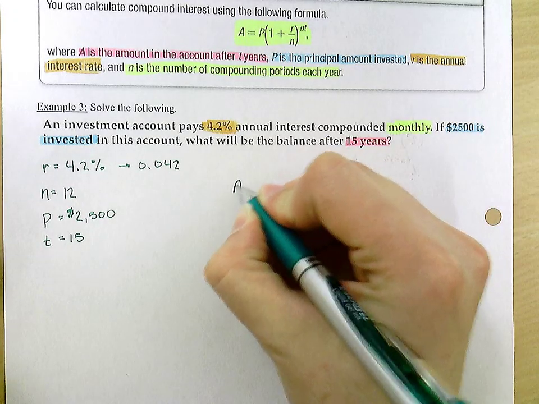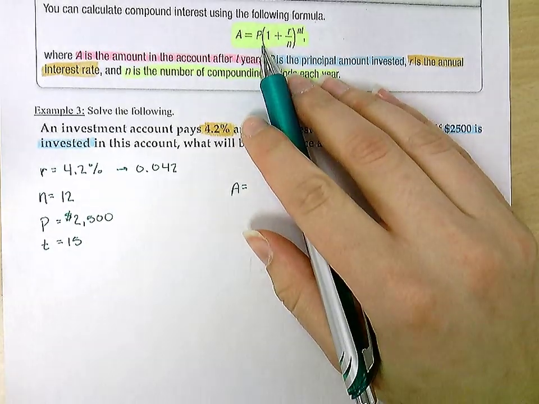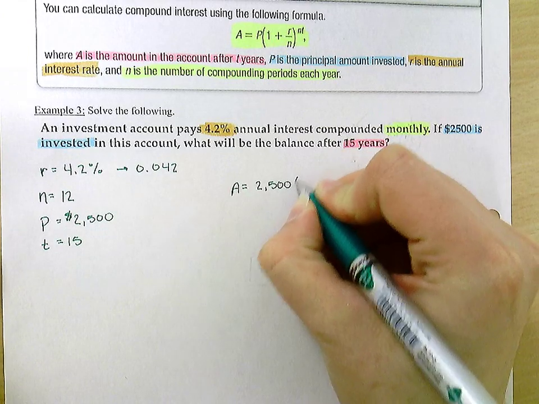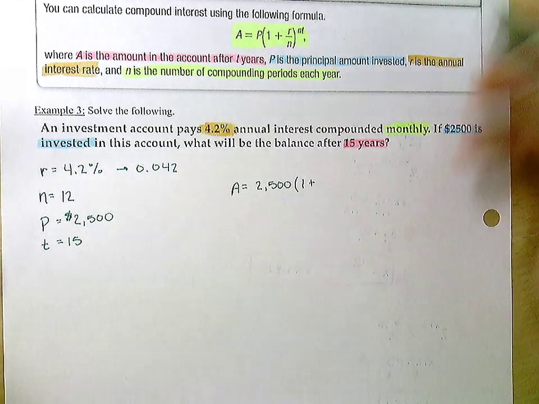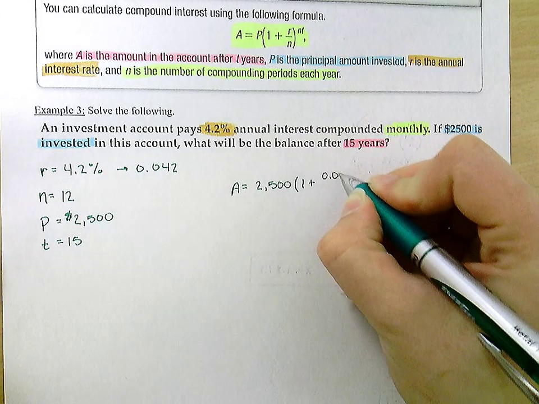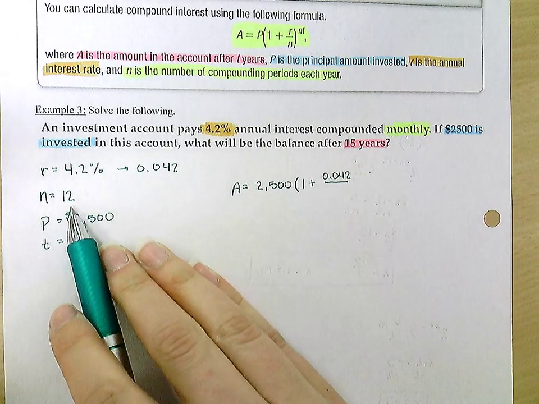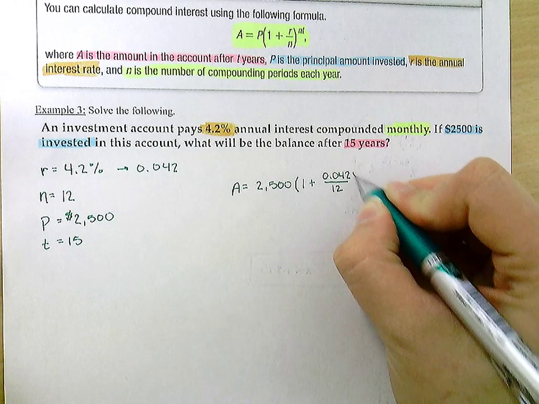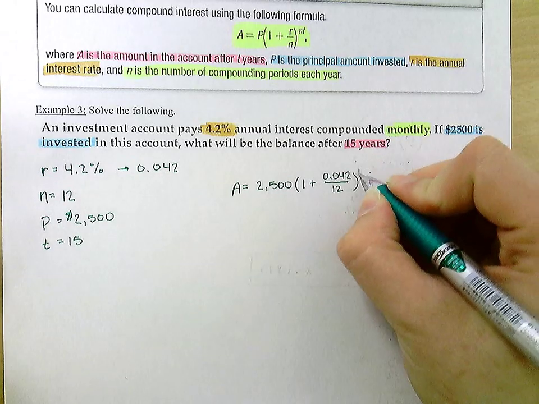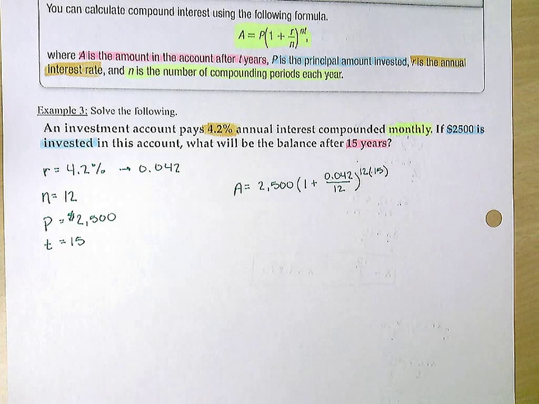So we're just going to plug in our numbers. A is equal to our P value, 2,500, times 1 plus R, 0.042, over N, which is 12, raised to the N times T power, 12 times 15.